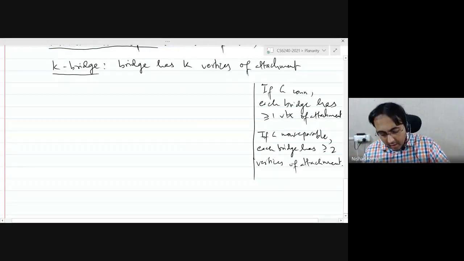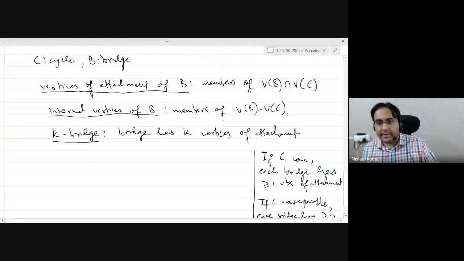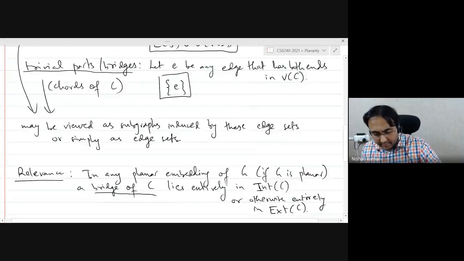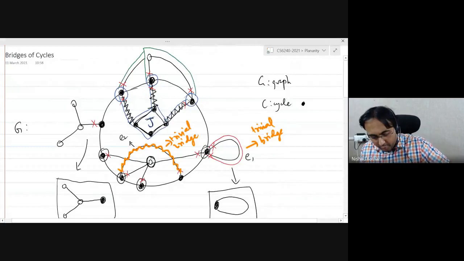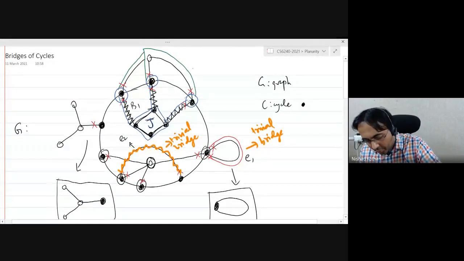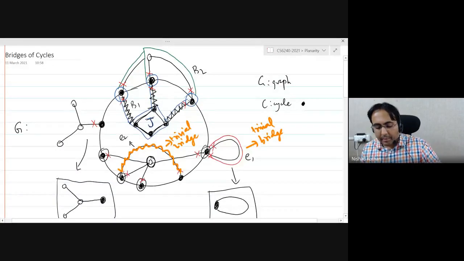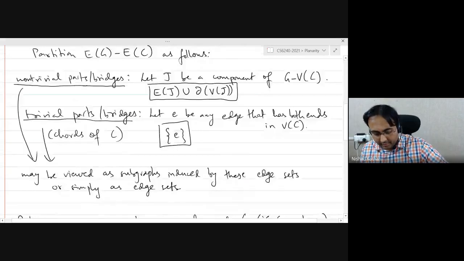Okay, and if 2 bridges have the same set of vertices of attachment, we will call them equivalent bridges. So in our example, if we call the blue bridge B1 and the green bridge B2, then these 2 are equivalent because they have the same set of vertices of attachment, the same 3 vertices in this case.